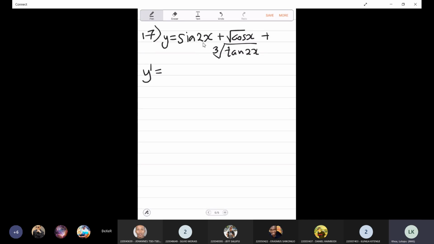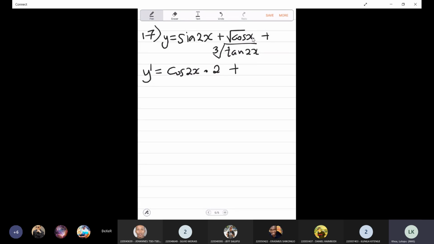This is, for the first one, the derivative of sine is cos. So you have cos of 2x, and then you multiply by the derivative of 2x, which is 2. Then the same thing with this one. On the outside, we have a square root. That means to the power of half. So the half will come down. At the top, the exponent will reduce by 1.